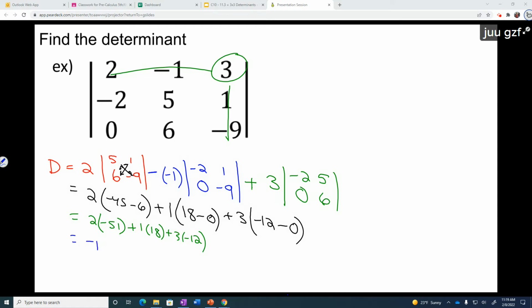Negative 102 plus 18 minus 36. You can get some pretty big numbers on these. So if you get a number in the hundreds, it's okay. Put this together. I think we get negative 120. Did the math, right? Anybody get a different answer?